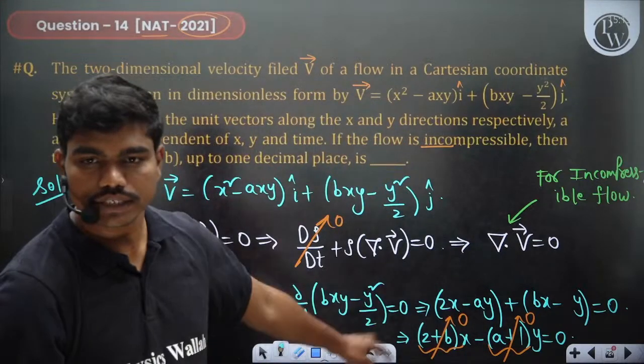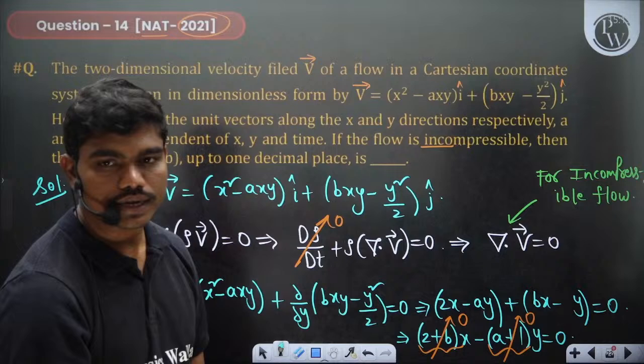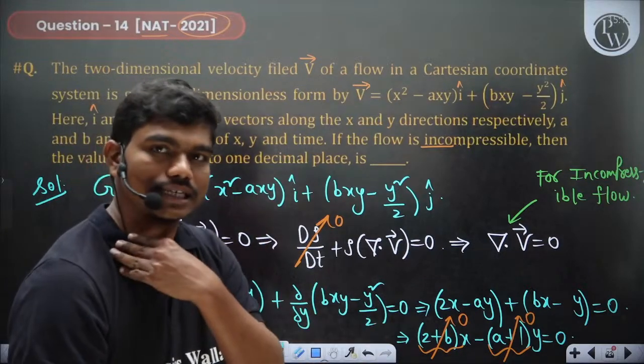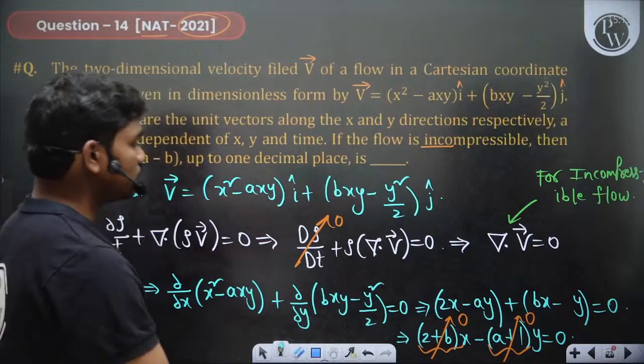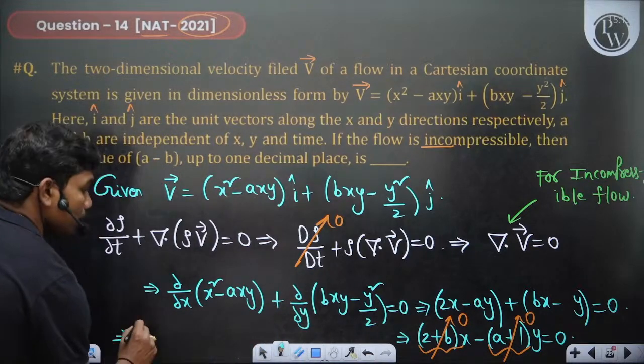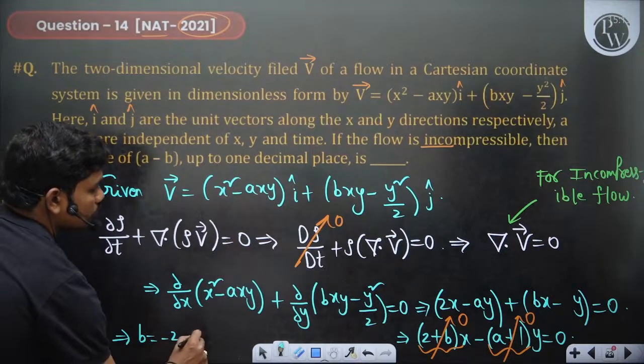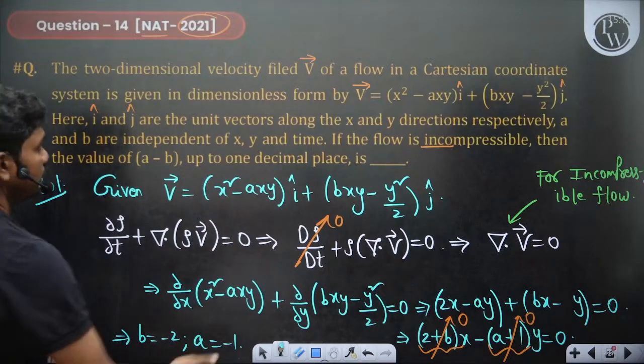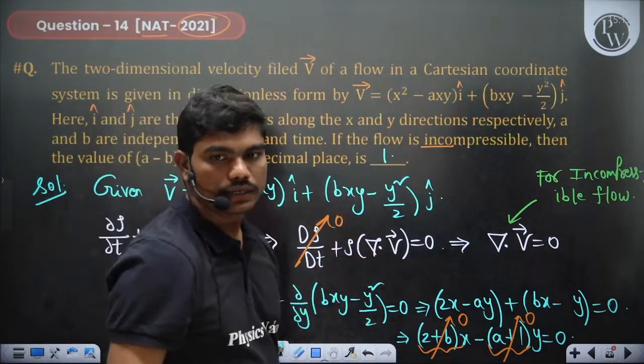Okay, so these two should be 0. Both the coefficients should be 0. Only then does this become an identity and the equation gets satisfied at any point. So this implies b equal to −2, a equal to −1. So the value of a − b is 1. That's all.